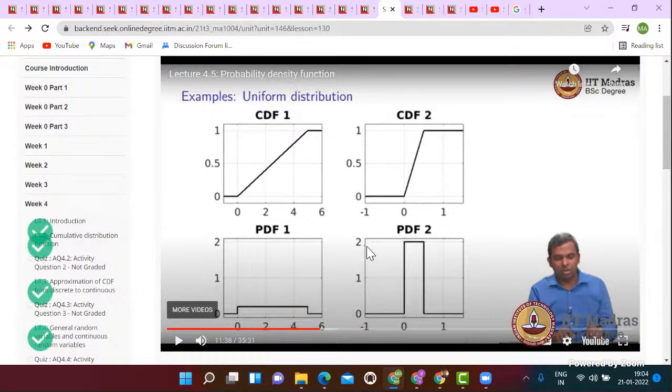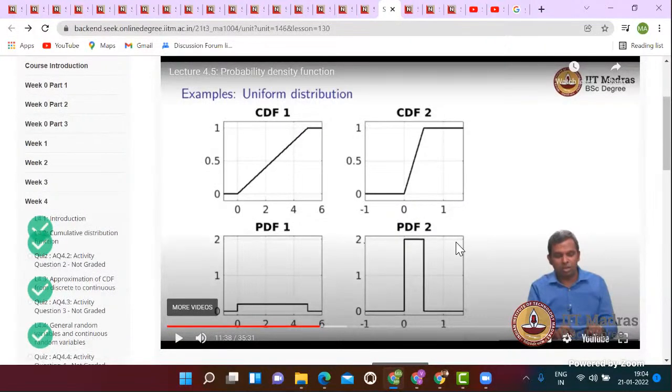But this 2 is not a probability. This is the PDF, and the PDF can go beyond 1. The value of the PDF can go beyond 1, but if you calculate the probability, it will be less than 1.